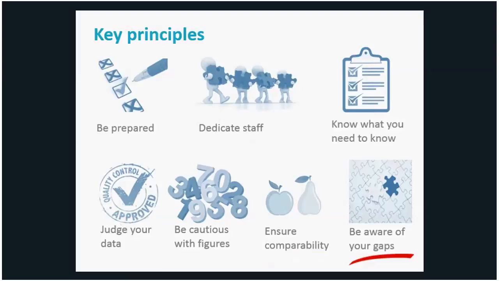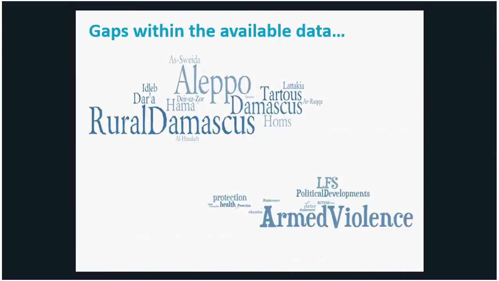The last one is that you should be aware of your gaps. There are two types of information gaps typical for secondary data review, and I'll show you an example of both of them. The word clouds on this slide reflect the secondary data that ACAPS collected in the first 6 months of the Syria crisis in 2012-2013.